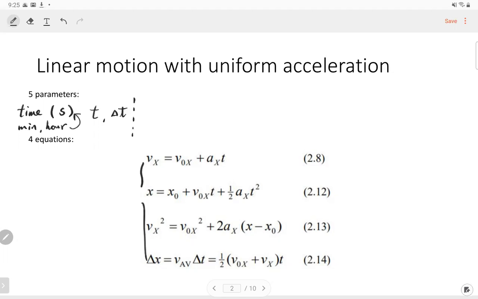The second parameter and the third parameter are about the speed. We call it the velocity. And for the velocity, we have 2 velocities, the initial velocity and the instant velocity or the final velocity. Here I use v, the little v, to represent the velocity. With a 0, this is the initial velocity. Without the 0, this is the final velocity or instant velocity.